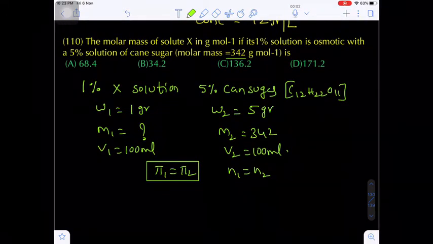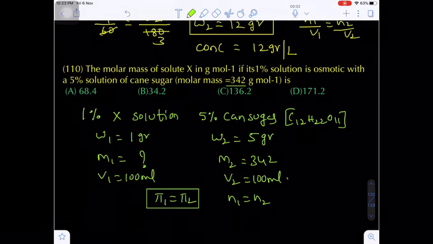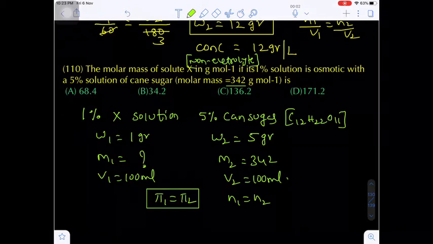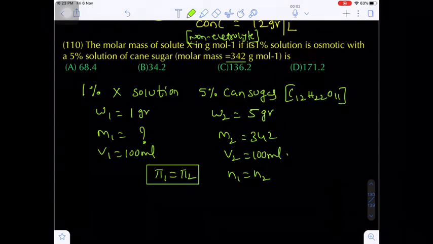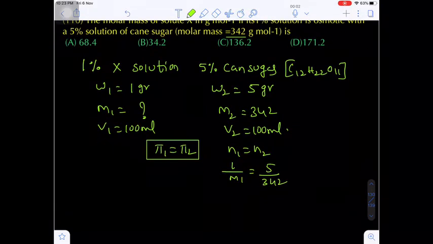Because the X solute is also a non-electrolyte. In the question X should be a non-electrolyte. Then only we can use the van't Hoff factor iota as unity. If there is no information regarding the solute, we generally have to consider the van't Hoff factor as unity. So number of moles, given mass upon molar mass: 1 by M1, equal to given mass 5 upon molar mass 342.